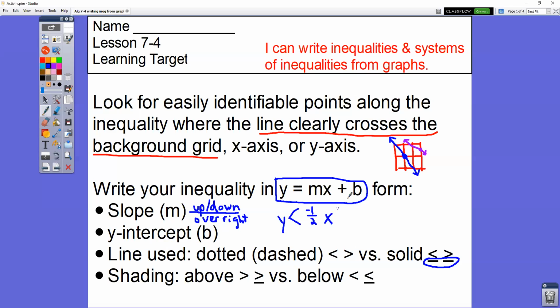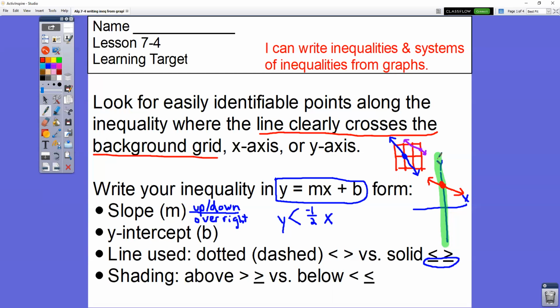And then your plus b is your y-intercept. Now remember, looking at your y-intercept, if this was our x and our y-axis, your y-intercept is where the line crosses the y-axis. So somewhere along there, like if it crossed right here, for example, this would be our y-intercept right here.